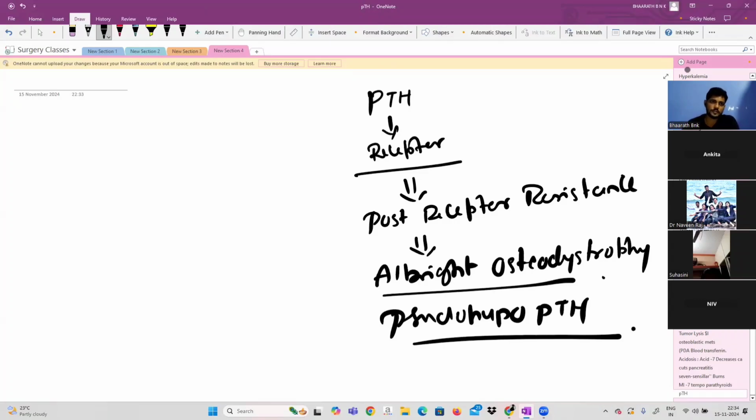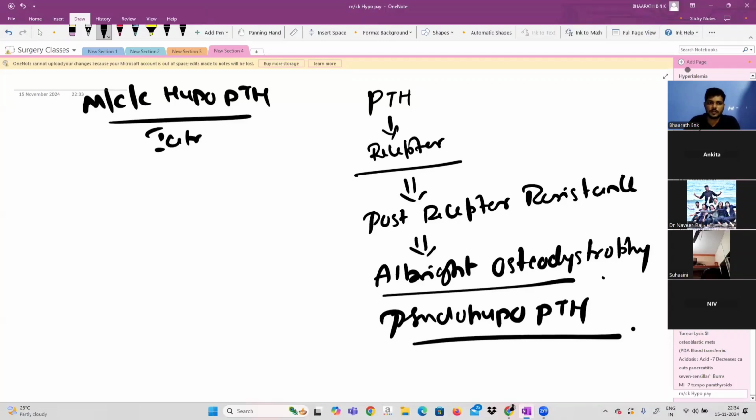But of all these, the most common cause for hypoparathyroidism would be iatrogenic. Now, this iatrogenic can happen while doing radical neck dissections, where the parathyroid gland is removed, or it can happen during total thyroidectomy.